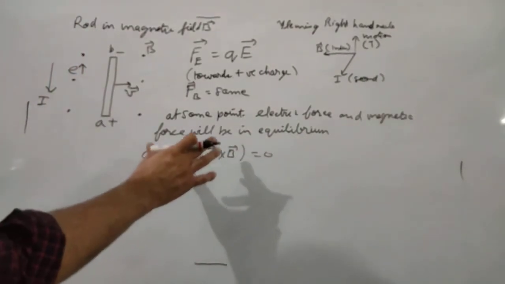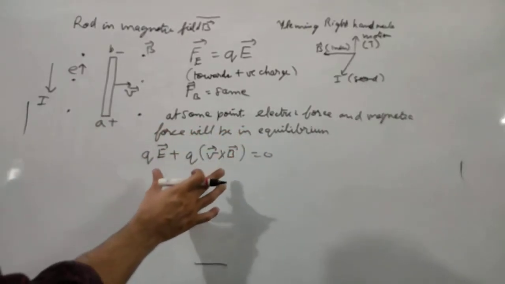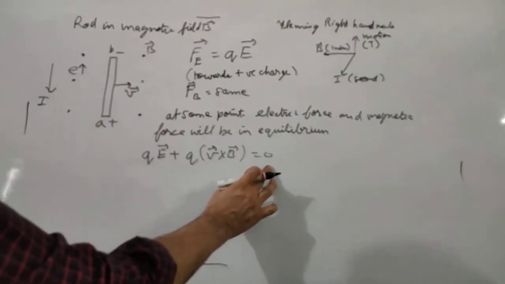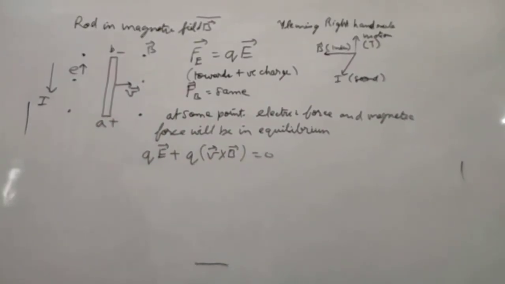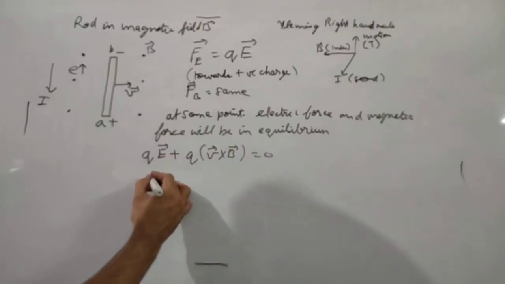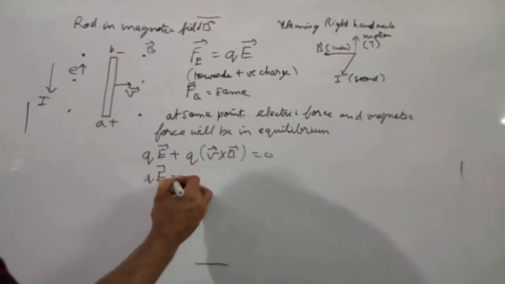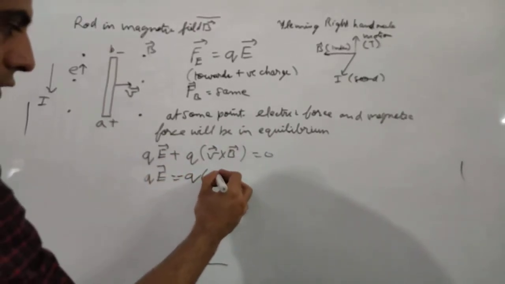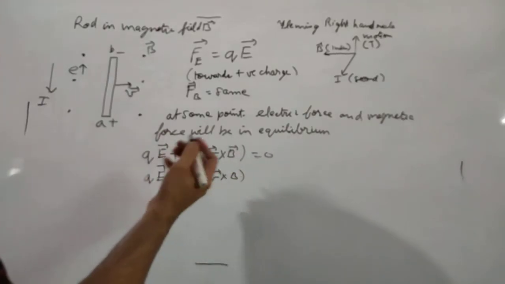So at some point, when both of the forces are in equilibrium, that means the summation of these forces should be equal to 0, as they are opposite to each other. And since this is 0, we can say that QE is equal to minus of QV cross B, or Q can be cancelled.